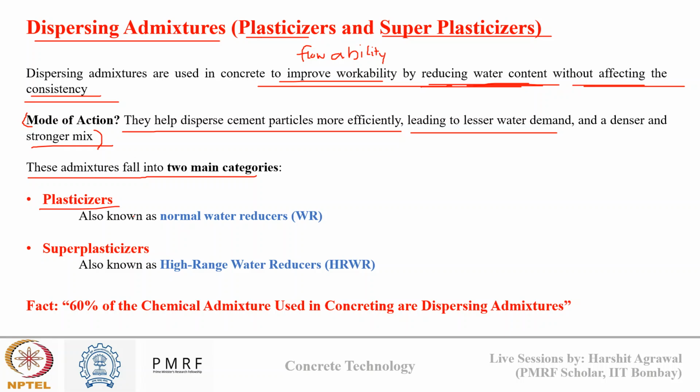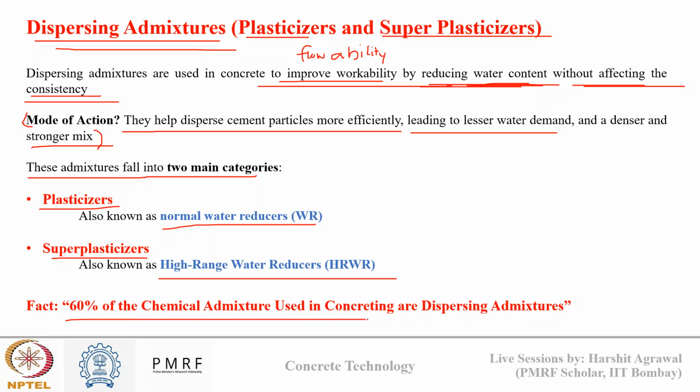I have plasticizers, which are normal range water reducers, and superplasticizers, which are high range water reducers. Why are these admixtures important? Because 60% of the chemical admixtures used in concreting are dispersing admixtures. So these are the most important category of chemical admixtures.